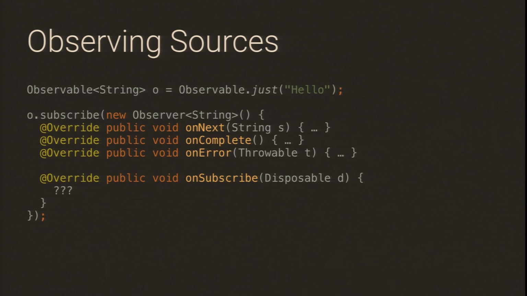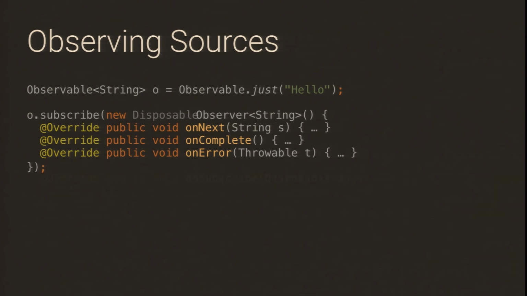However, at the leaf nodes of subscribing, when you're actually doing the subscribing, there are some convenience ways which don't force this fourth callback on you. So there's a type called disposable observer. And what this is going to do is automatically keep track of that disposable for you, so you don't have to worry about putting it in a field, or in this case, there'd be no way of getting it into a local variable of the enclosing method.